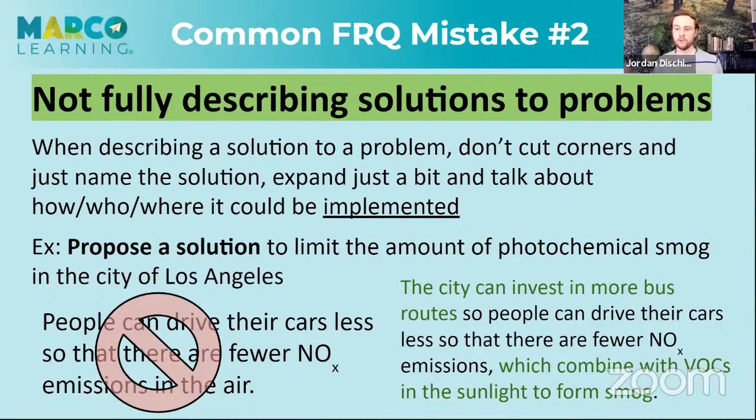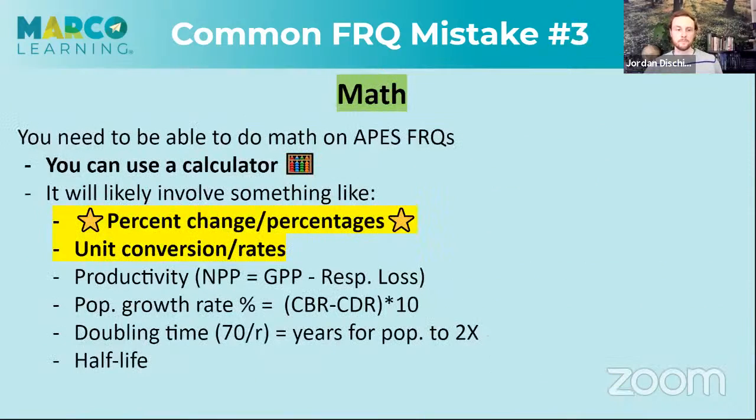And in this case, we can fill in those details with what we see in green. The city of Los Angeles can invest in more bus routes. If there are more bus routes, people may be willing to drive their cars less. That might mean there are fewer NOx emissions being released, but then also we should connect back to photochemical smog at the end, which combine with VOCs in the presence of sunlight to form smog. So really key to link back to your prompt.